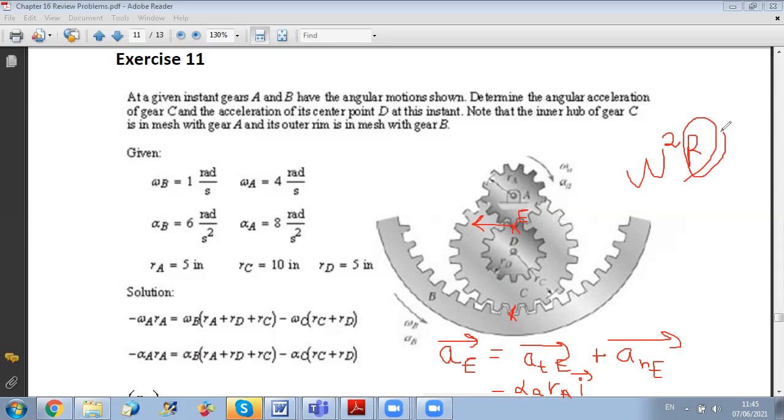When we write it like this, AT plus AN, this means that we know the center of curvature. But here we don't know the center of curvature at this instant. We don't know what E is rotating about, because we have a general motion for disk C. So concerning point E, we cannot already know the two components of its acceleration.